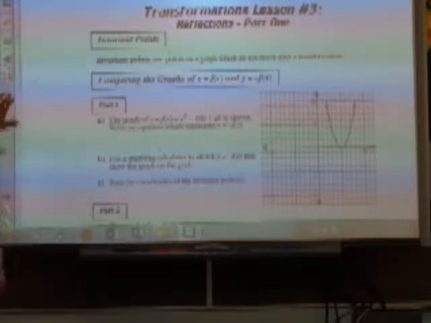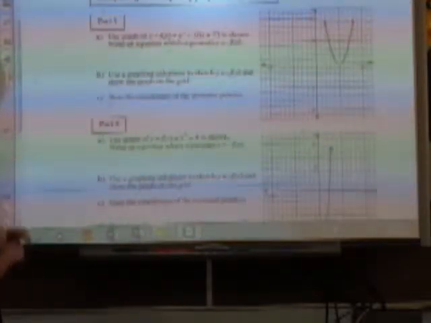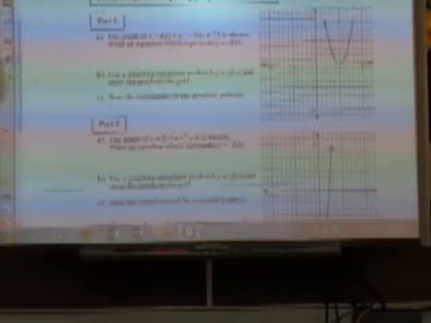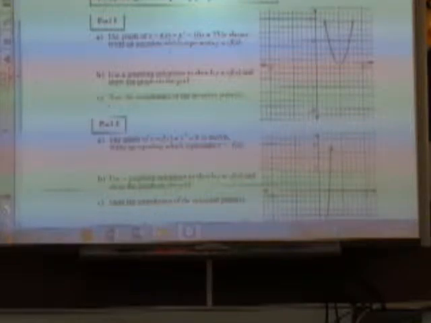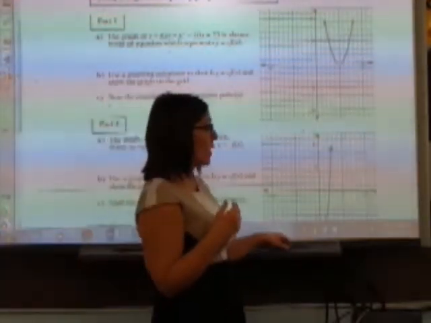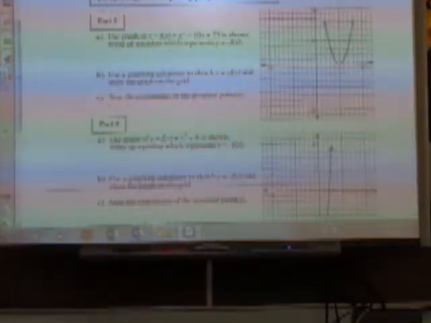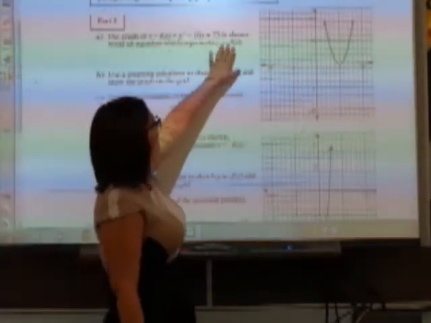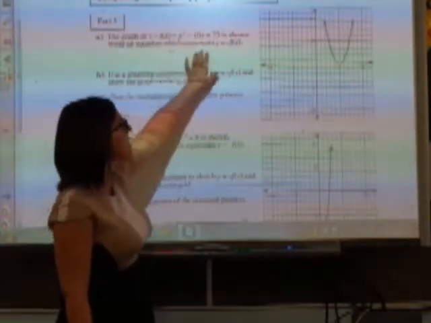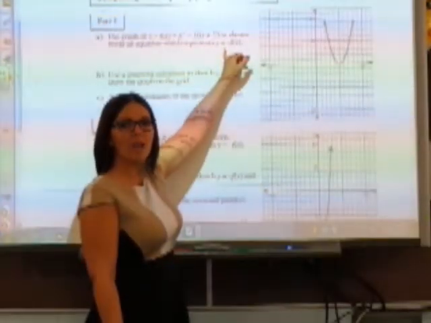So if we compare the graphs of y equals f of x and y equals negative f of x, we have the graph of y equals f of x equals x squared minus 10x plus 25 shown. The question is, write an equation that represents y equals negative f of x. This negative applies to the entire equation because it's outside that bracket.